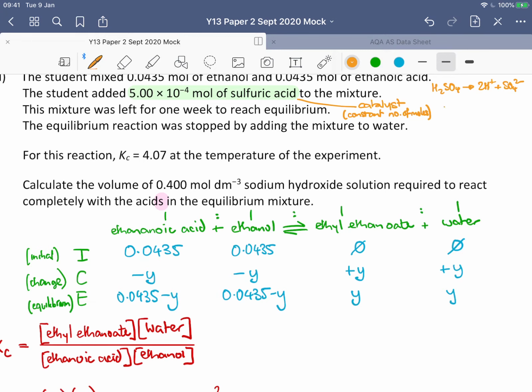So therefore, the number of moles of H plus ions is 1.00 times 10 to the minus 3 mole of H plus ions. And that's what we're reacting with when we're trying to calculate the volume of sodium hydroxide. The ratio of sodium hydroxide to H plus ions is 1:1.